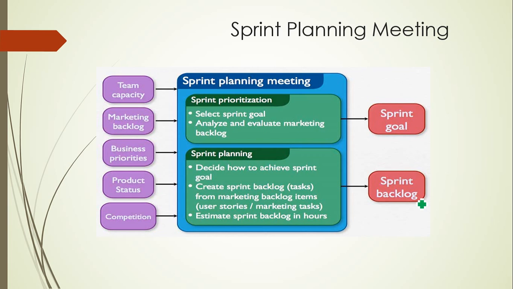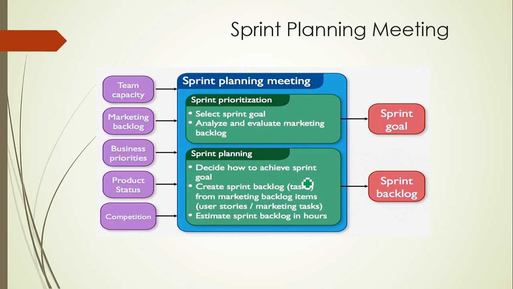These tasks are assigned by team members to themselves. And that's where the self-organizing team comes into the picture. Once all the tasks with the appropriate story points or sizing are prepared, the total summation is called the sprint backlog.